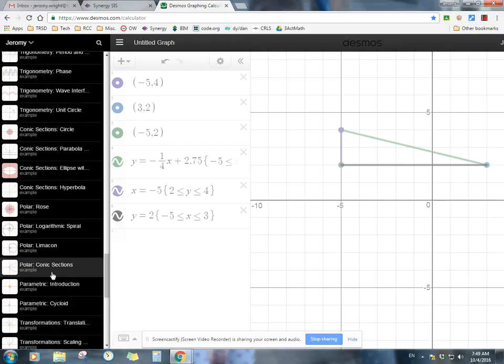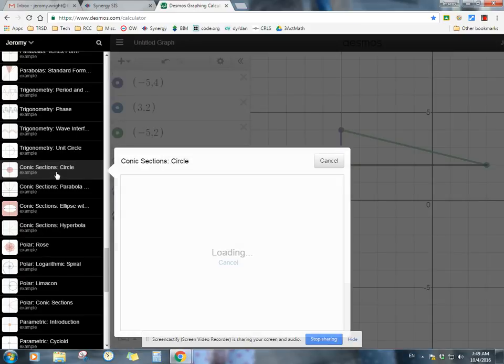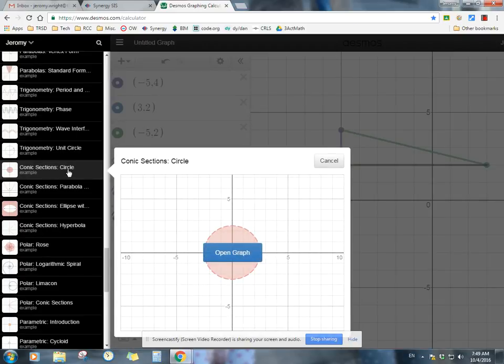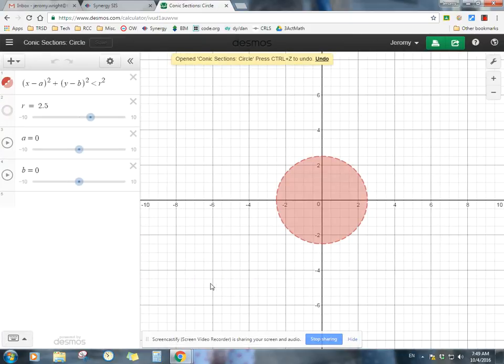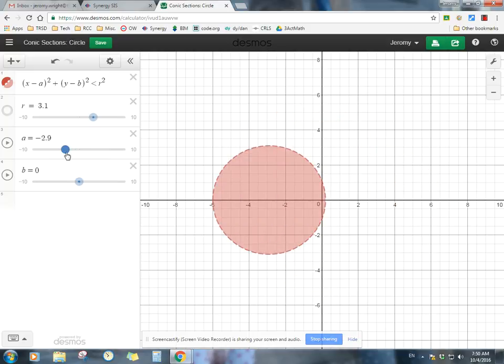So let's say you wanted to create a circle and you're not sure how that would work. You could click Conic Sections, Circle. You can open that graph. Now notice my other graph is gone, which would have been a problem if I had needed to save it. But now I've got the standard equation of a circle, and I can change the radius. I can move it left and right, do other things.